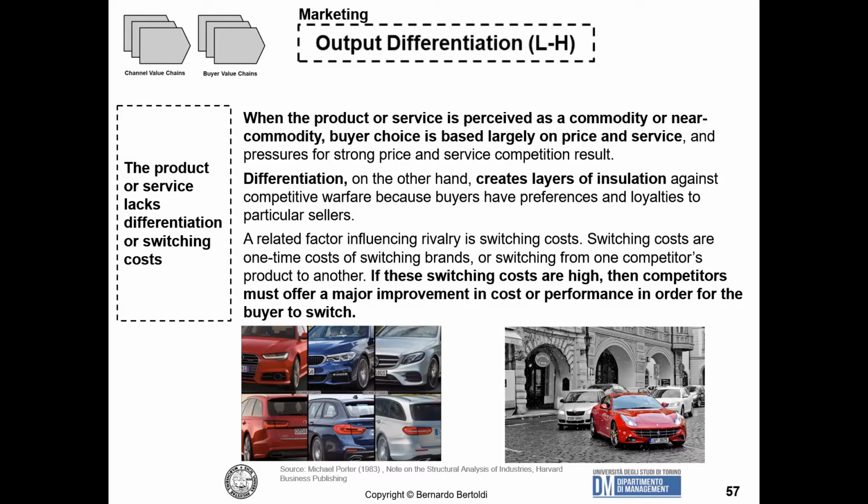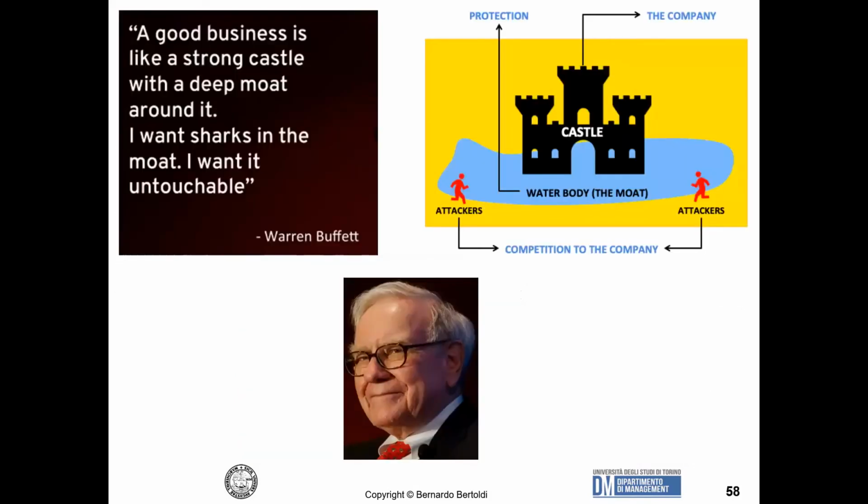So it's different by definition. And differentiation, to say it with Warren Buffett, is creating a moat that is defending your company against the competition. You have something that is keeping you insulated from the others, and as Mr. Buffett said, I want sharks in the moat. So I want a very strong competitive defense against the competition.